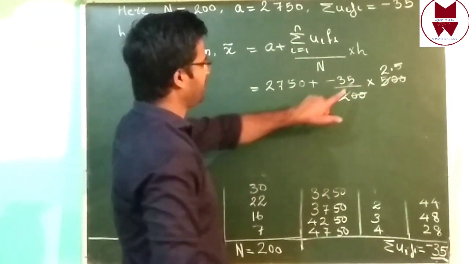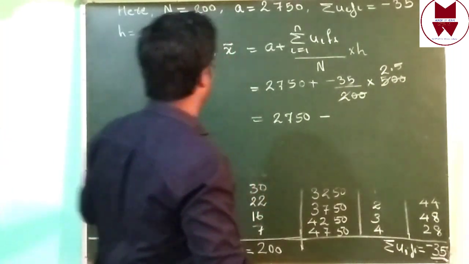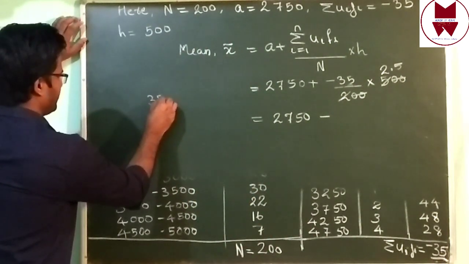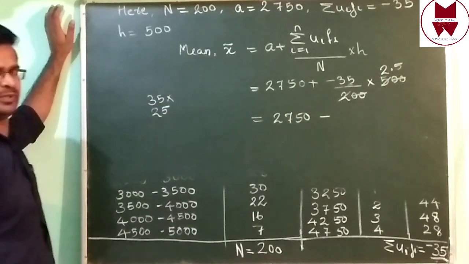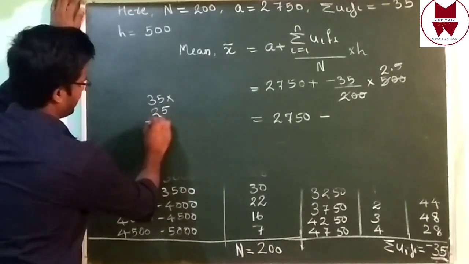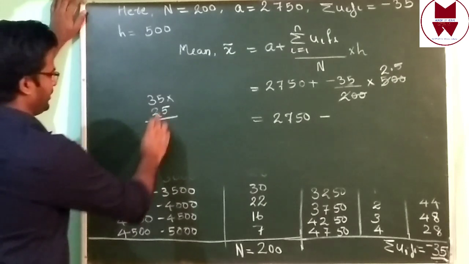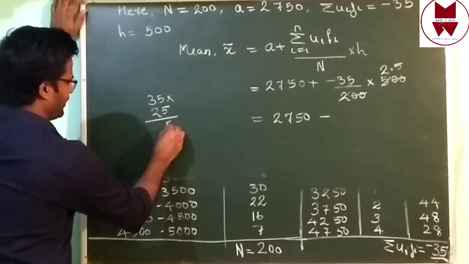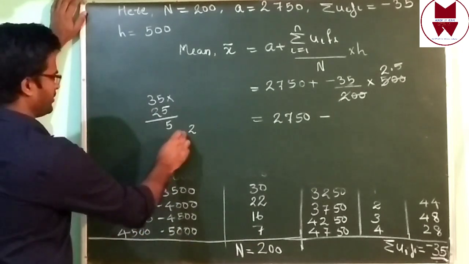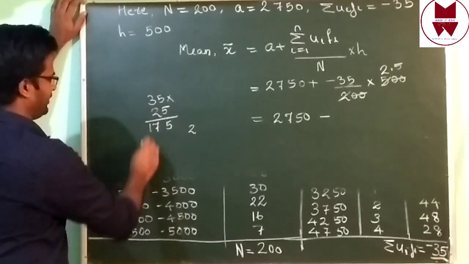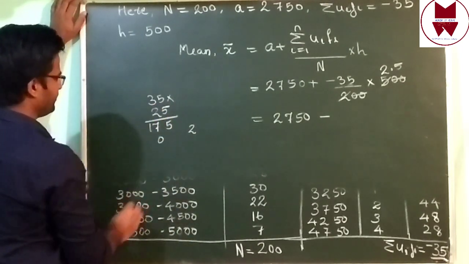Then multiply 35 and 2.5. 35 into 2.5, we can write 25. After multiplication we can put the point. 5 into 5 is 25, 2. Then 5 into 3 is 15 plus 2, 17. Then 2 into 5 is 10.